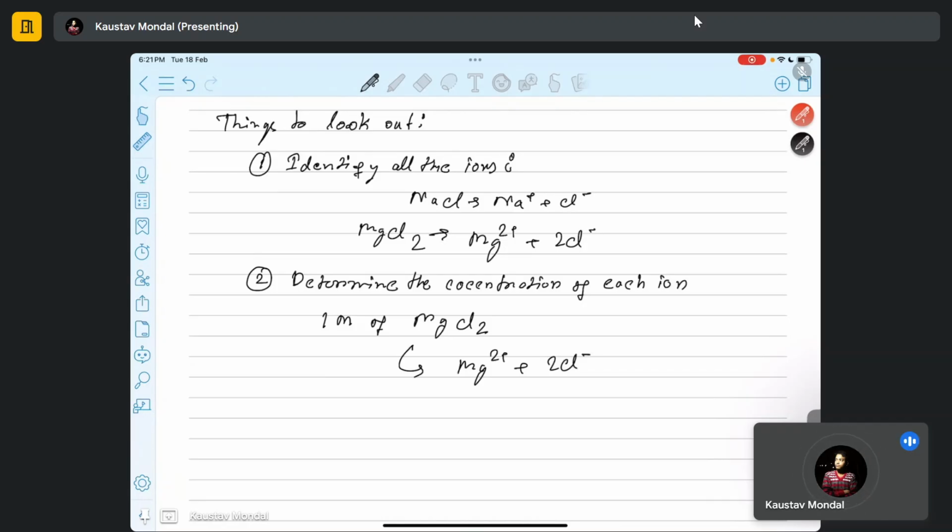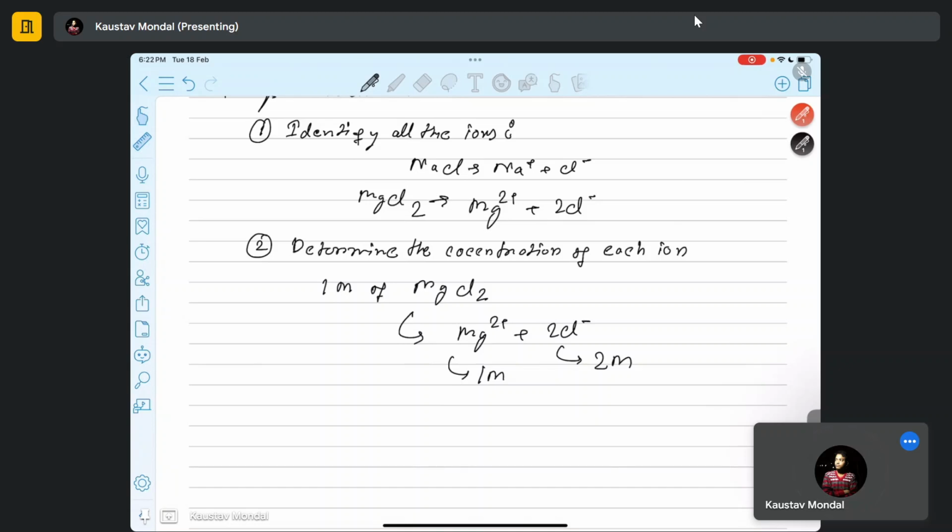The concentration of Mg2 plus would be simply 1 M, and as there is a 2 in front of Cl, each one molecule of MgCl2 dissociates into 1 Mg2 plus and 2 Cl minus ions. So the concentration of Cl minus would be 2 M, twice that of the MgCl2, right?